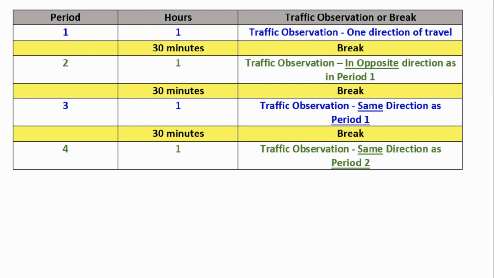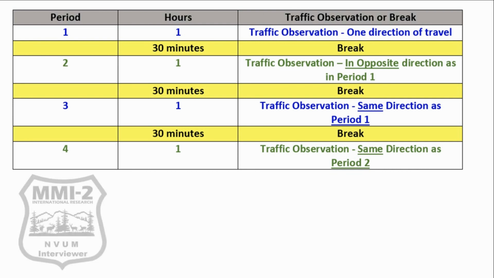This is a nice little reference chart for you to refer to, and it just reminds you that your traffic observations on period 1 and 3 are going to be in one direction of travel, the same direction, and that your period 2 and 4 are going to be in the opposite direction of travel, and you're going to take a 30-minute break between each traffic observation hour.